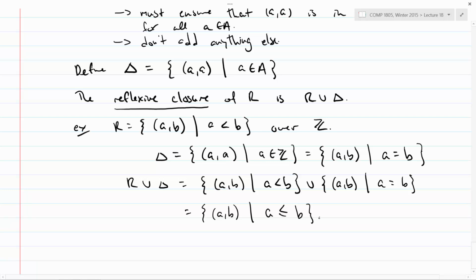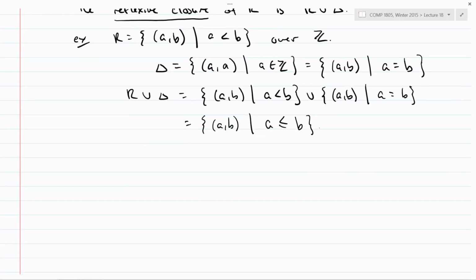So that's the reflexive closure. I'd like to move on to the symmetric closure next.